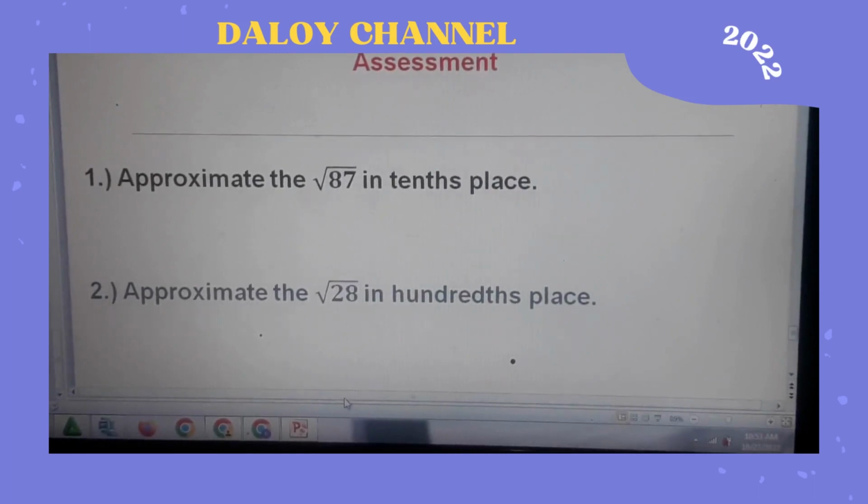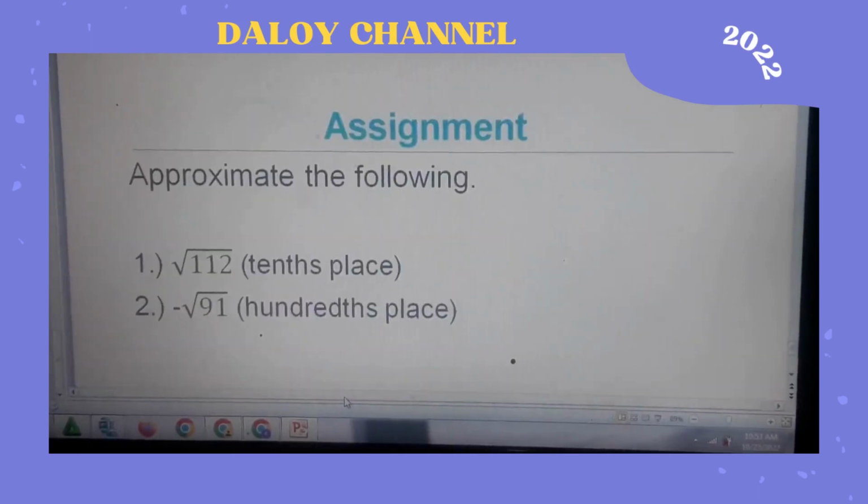Number 2, approximate the square root of 28 in the hundredths place. For the assignment: number 1, the tenths place of the square root of 112. Number 2, the hundredths place of the negative square root of 91.